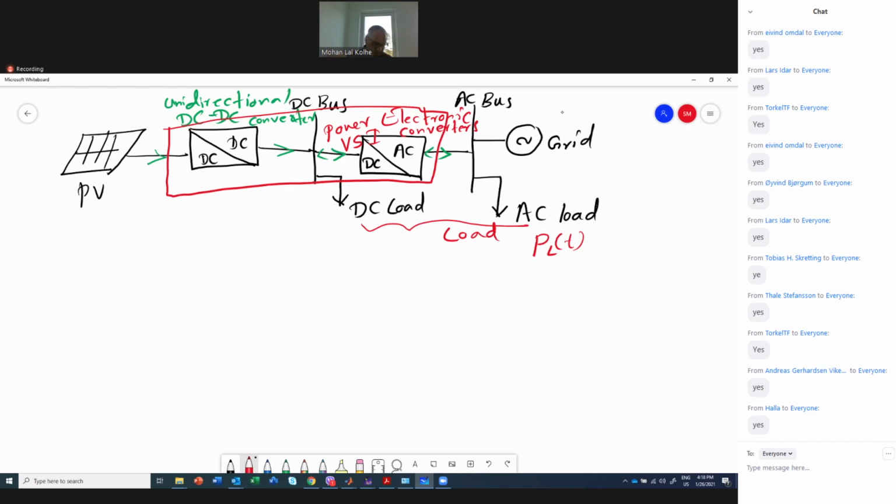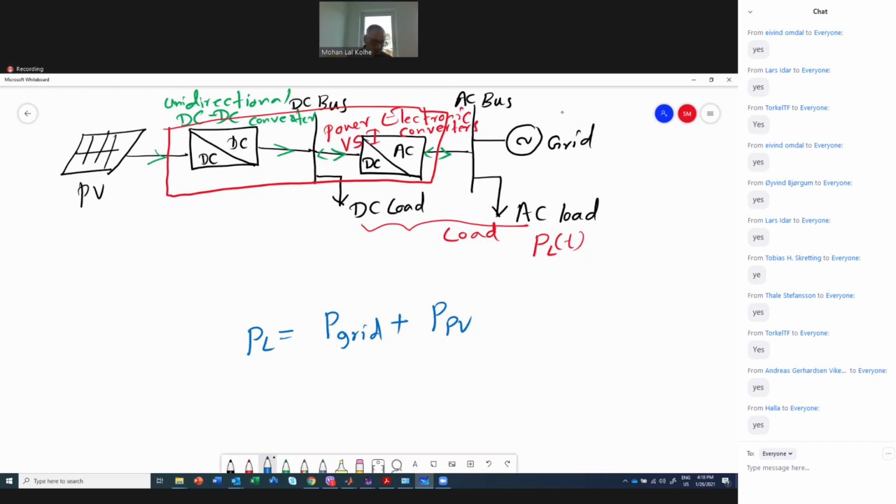So here I'm just taking the load power should be supplied by grid power plus PV power. So this is the very simple equation.